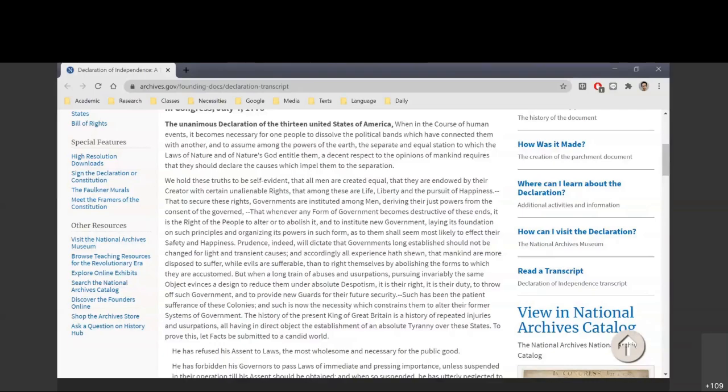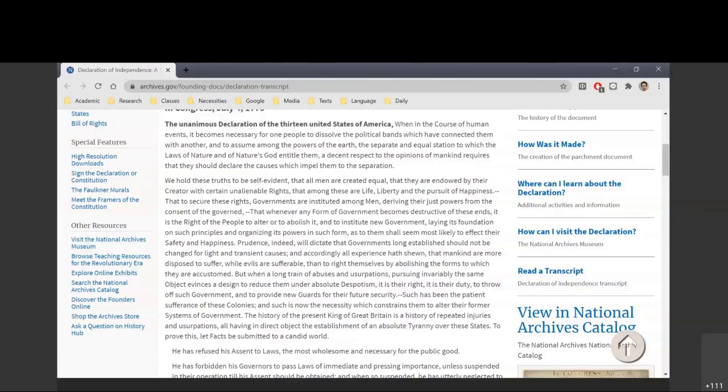To secure these rights, governments are instituted among men, deriving their just powers from the consent of the governed. Sounds very Lockean. That whenever any form of government becomes destructive of the ends, it is the right of the people to alter or abolish it and to institute a new government, laying its foundation on such principles and organizing its power in such a form as to them shall seem most likely to effect their safety and happiness.